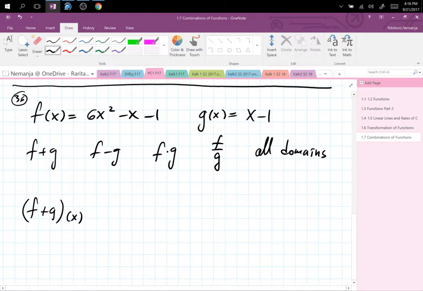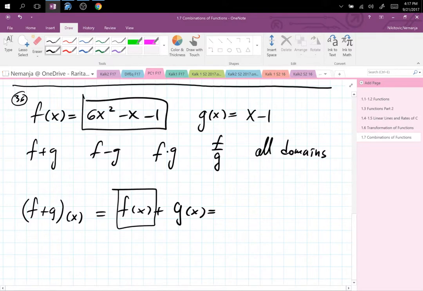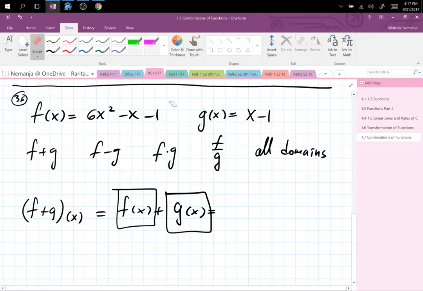So in the parenthesis, I'm denoting that I'm adding f plus g and then of x, which means that I'm not computing it at any particular value yet.